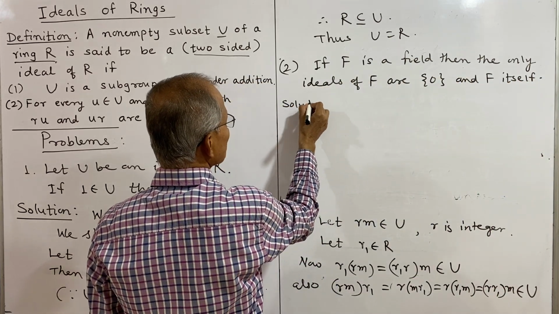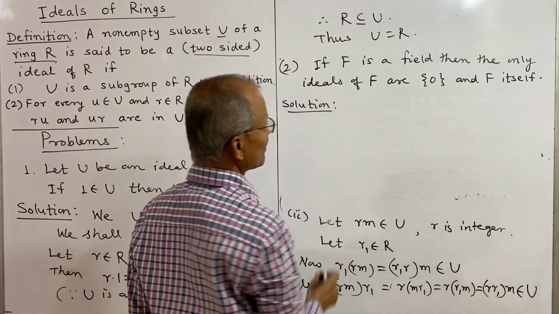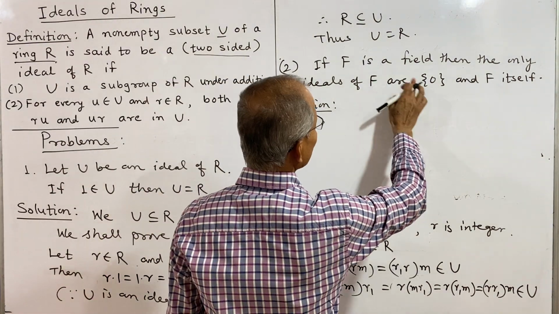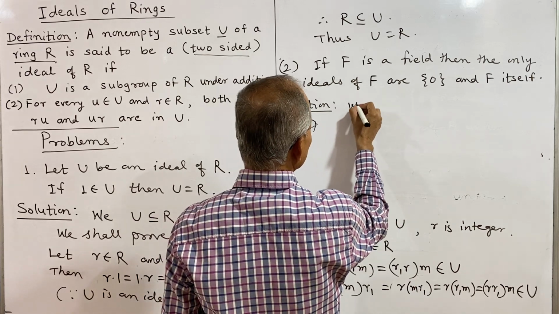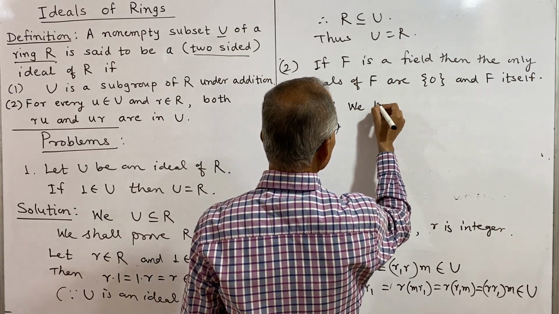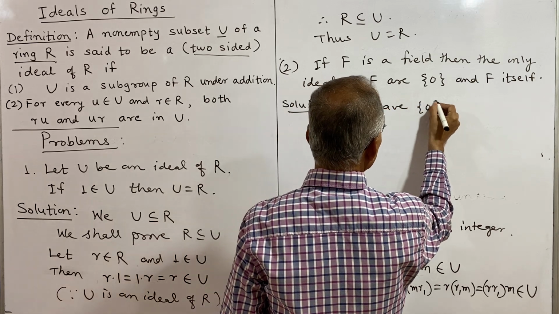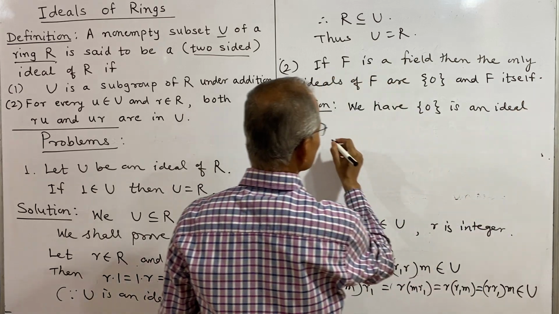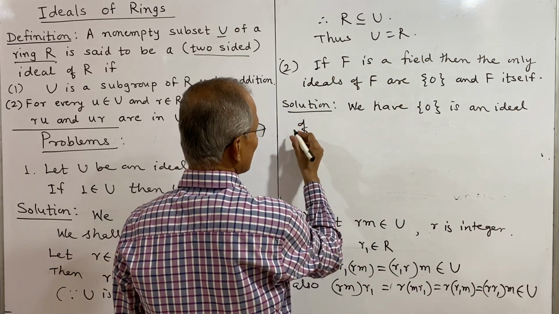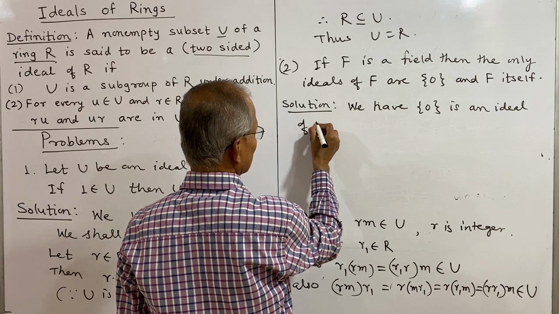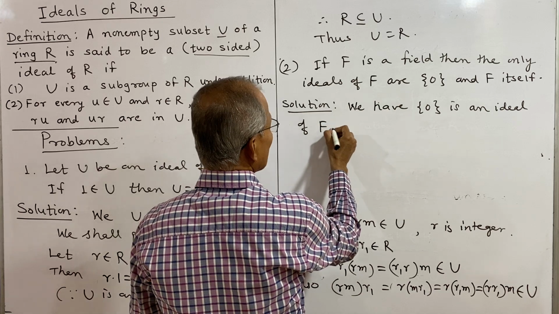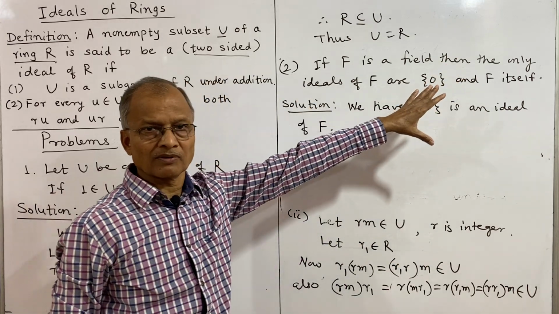Now the solution for this. 0 is always an ideal of any ring. F is a field, it is a ring, and therefore 0 is an ideal of F. It is a trivial ideal. F is also an ideal of F itself.